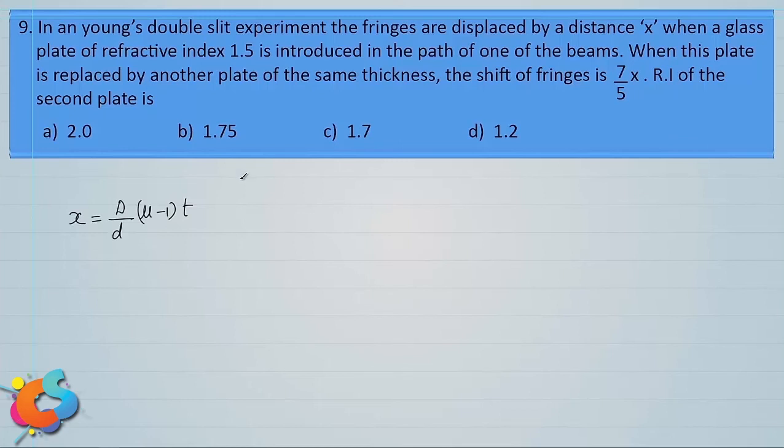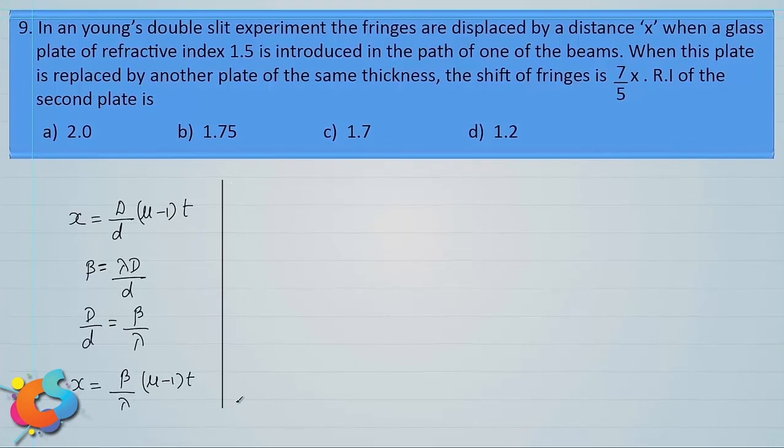Since the fringe width beta is nothing but lambda into D by d, you can write D by d equal to beta by lambda. Therefore, the expression for shift becomes x is equal to beta by lambda into (mu minus 1) into t. Now there are two cases explained in the problem.